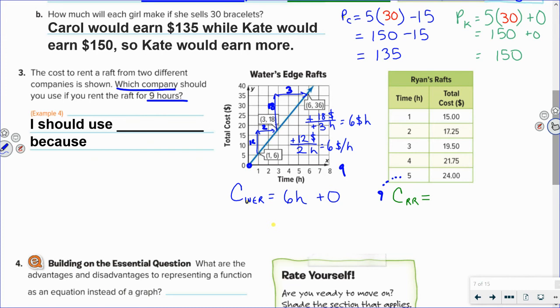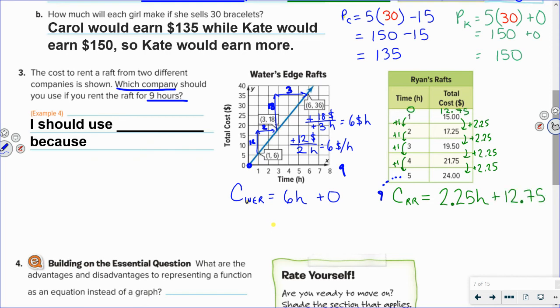Let's take a look at Ryan's rafts. Now this appears to go up $2.25 for each hour, but that surely looks like there is some starting value that is not 15.